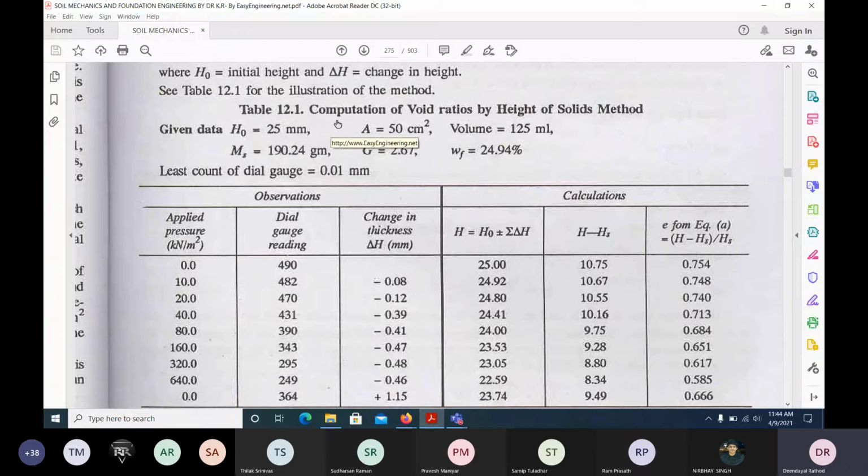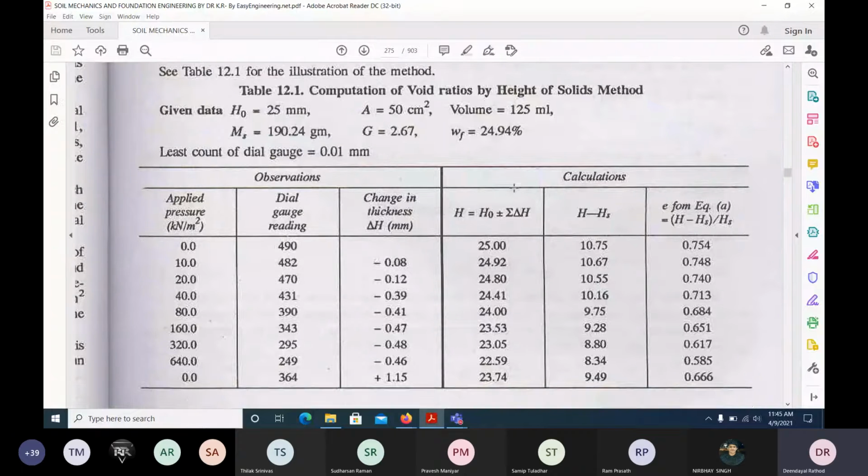Suppose this is the computation of the void ratio by the height of solids method. What parameters are given here? H naught, the initial height, 25 mm, is given, the area of the specimen, the volume, and the mass of dry solids are given, not the mass of soil, along with the specific gravity and the water content. So how can we find this?